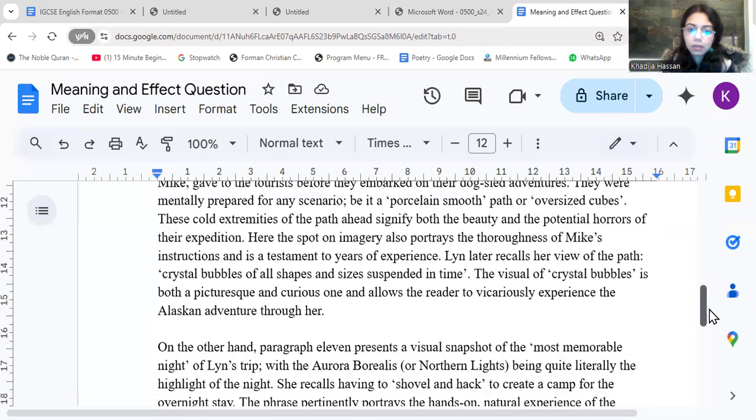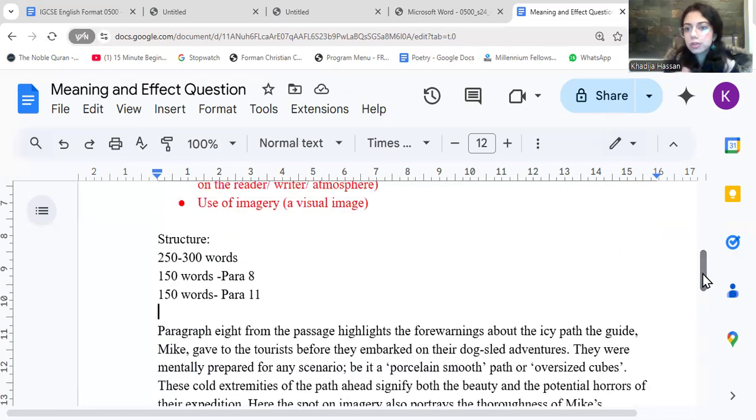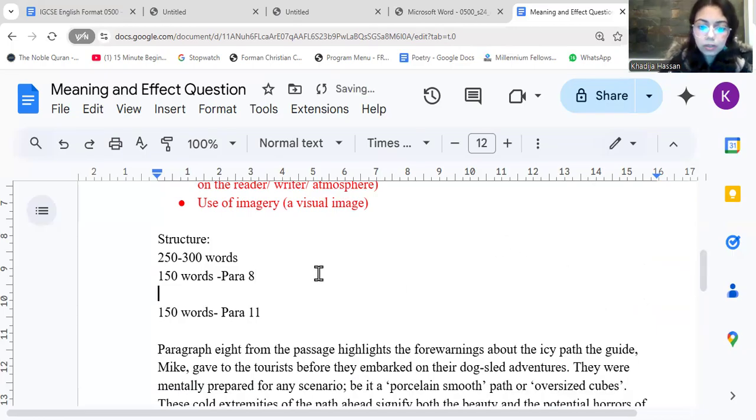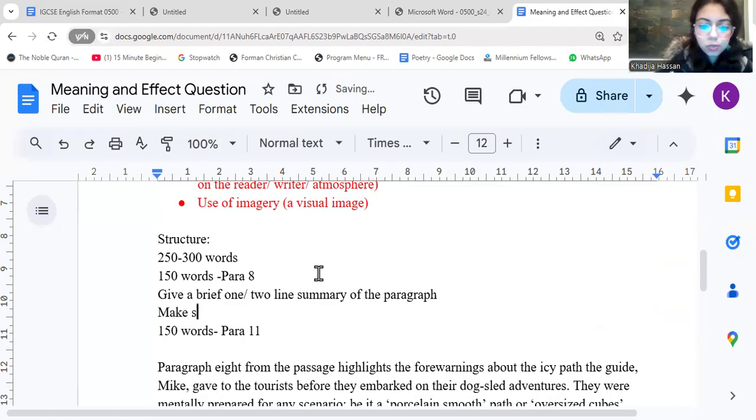So there's that. Then before you start going into the phrases and discussing the phrases for each paragraph, you have to give a brief 1 or 2 line summary of the paragraph. Make sure that summary is in line with the words you picked up.